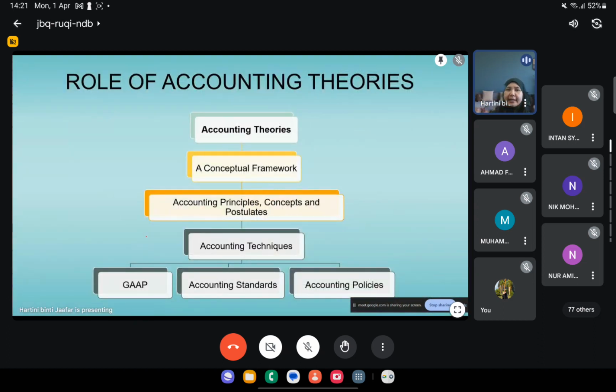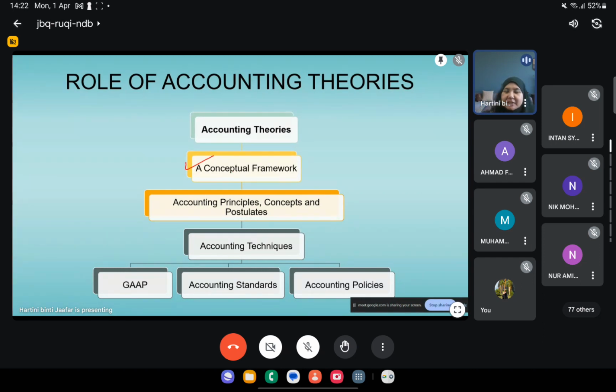So if we look at the role of accounting theory in the development of the accounting profession, if you look at this illustration, you can see that the underpinning theory in accounting is actually our conceptual framework. So that is the biggest underpinning theory in accounting.